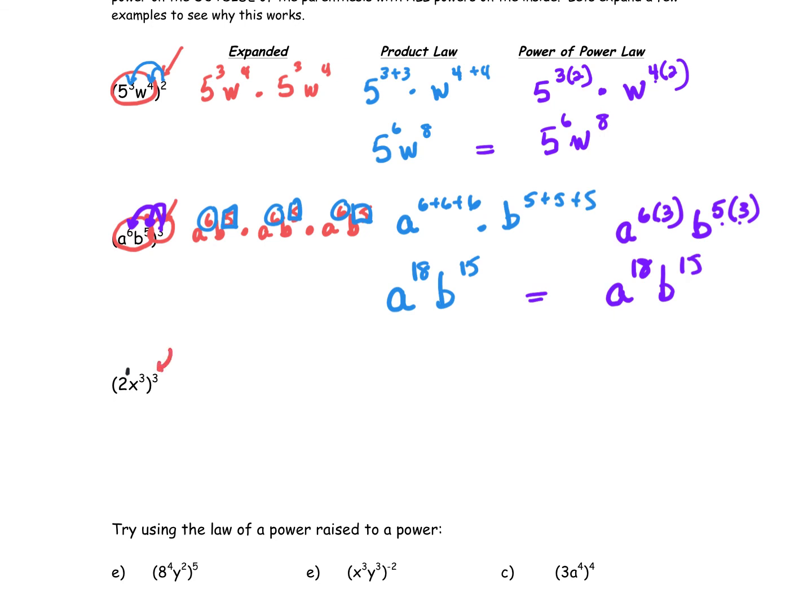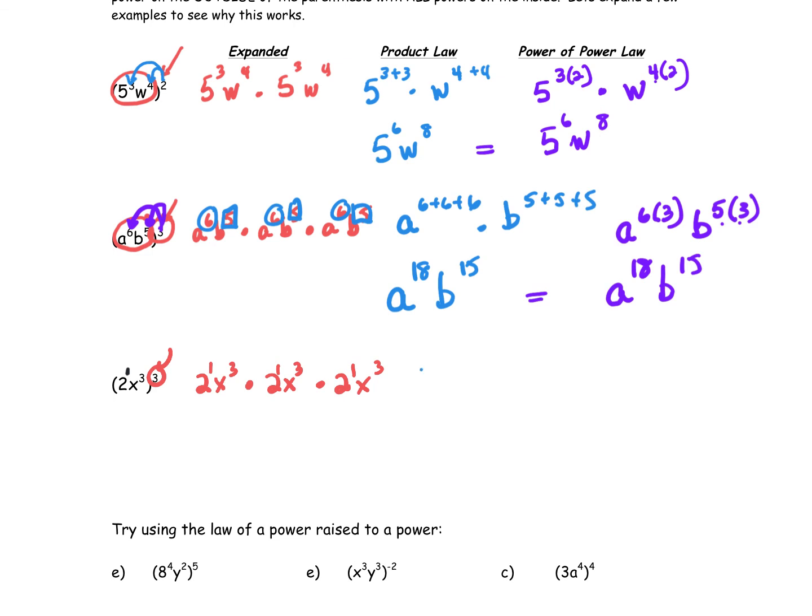I see an exponent of 3, which means I'm going to see 2 to the first power, x to the third, and I'm going to see this 3 times because that's what the outside power says. Okay, that's a long way, and we could even expand it further if it's helpful, but we're trying to make this not quite as long.